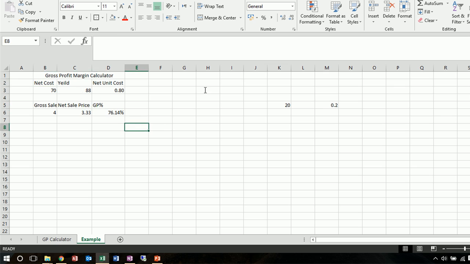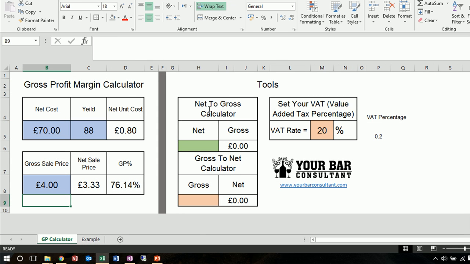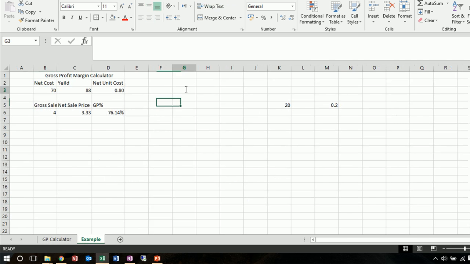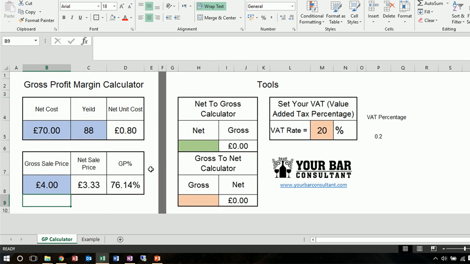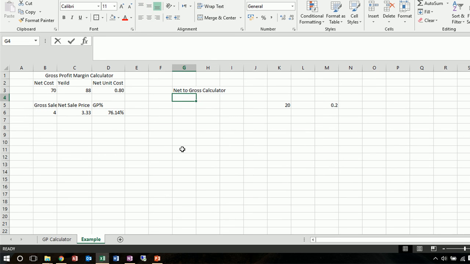Okay, so now let's do our other two tools. So we'll do a net to gross calculator and a gross to net. So let's write that in. Net to gross calculator, and we had net and gross, so let's write those in there. Net and gross.